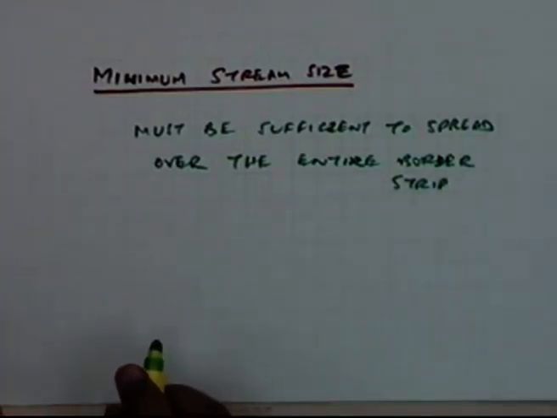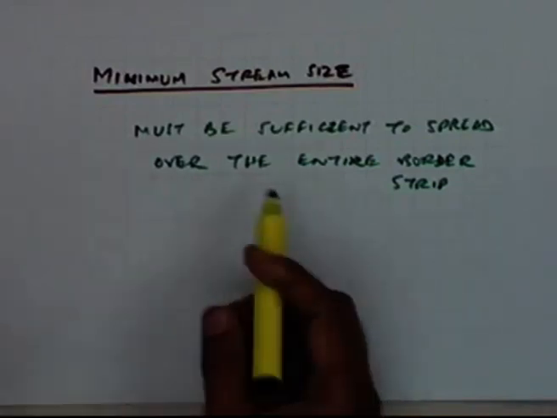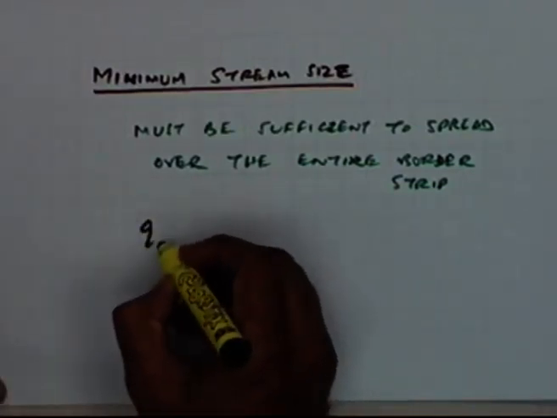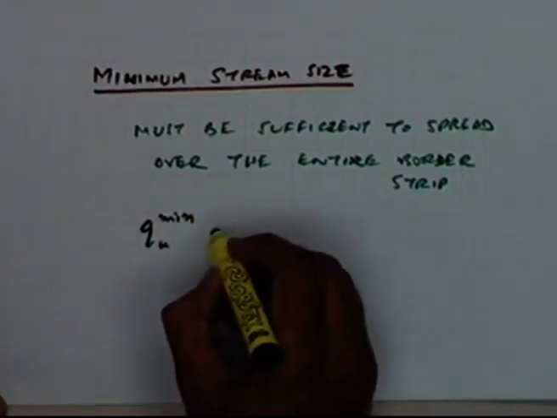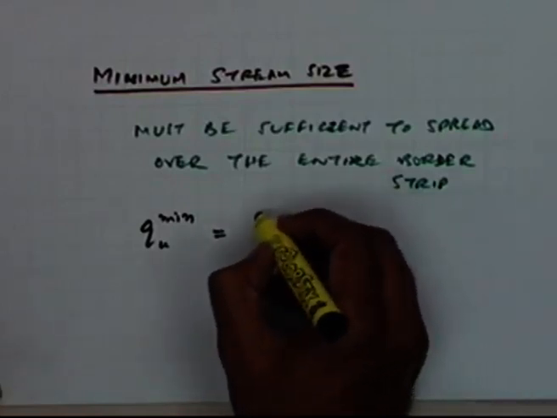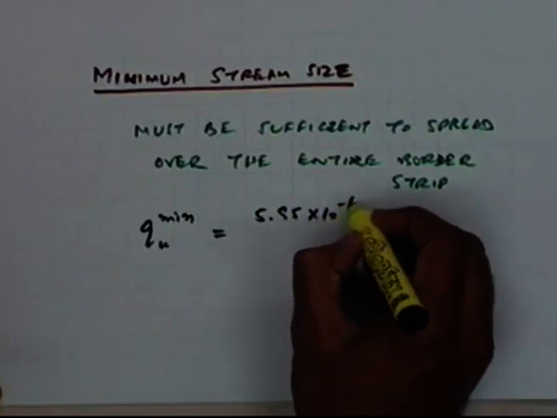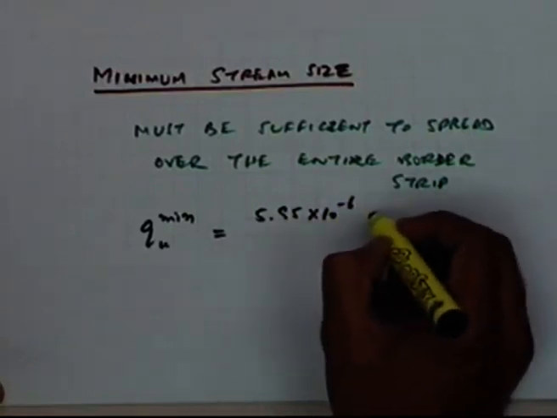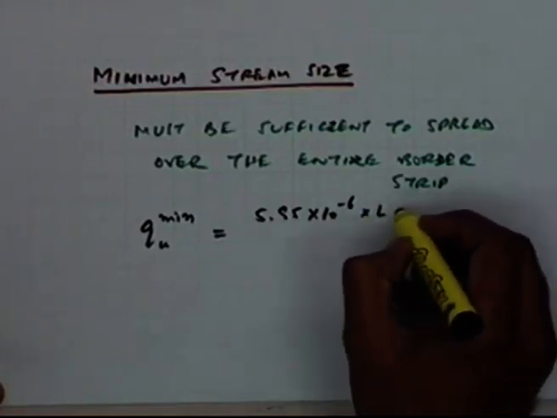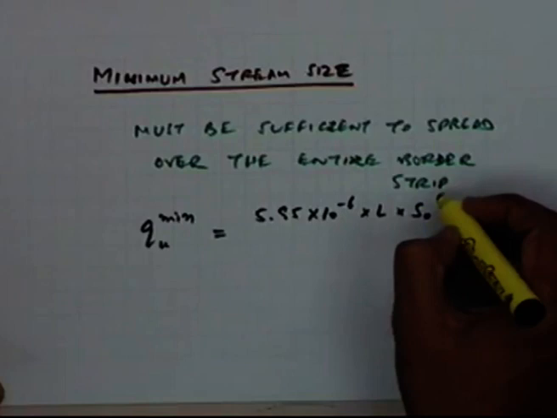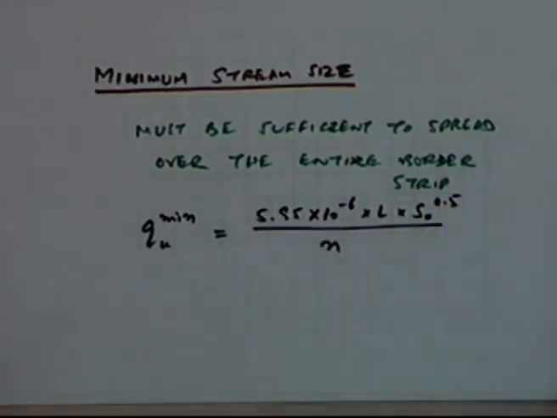Okay. The minimum stream size, if we designate it as Qu minimum, is given as an expression in terms of L, S naught, and n.